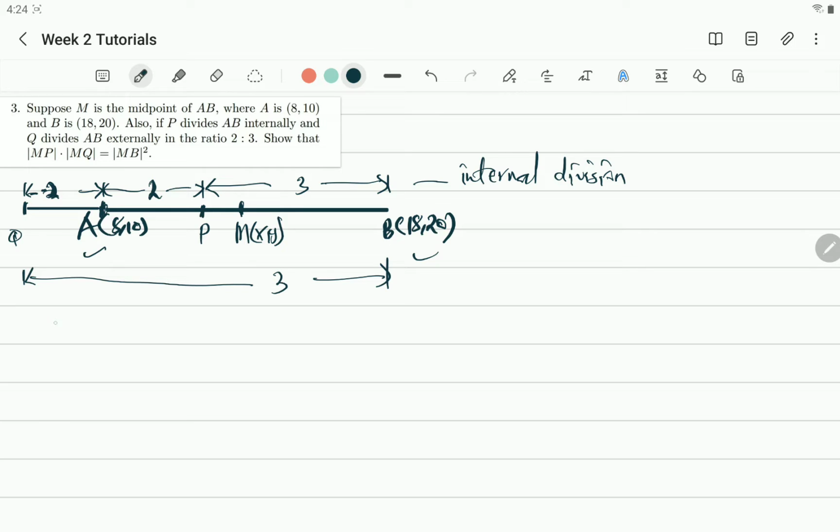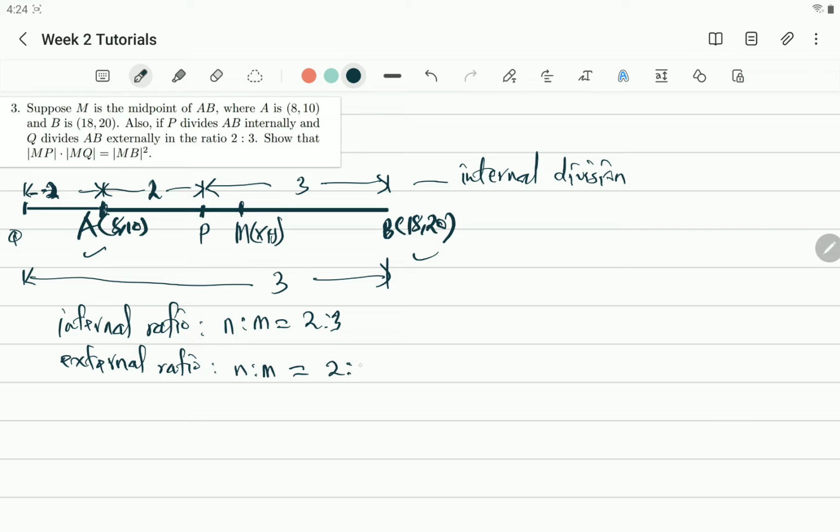So the internal division ratio, we would want to make it N:M, is going to be 2:3. Then the external ratio, which is also going to be N:M, though we will negate one of them, is also going to be from 2:3.